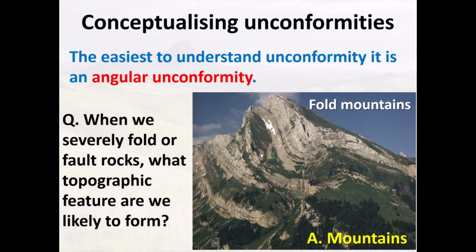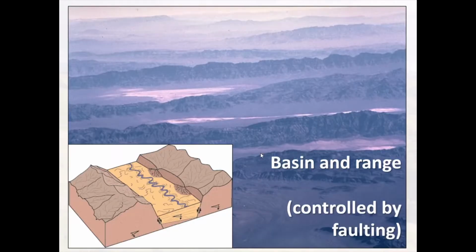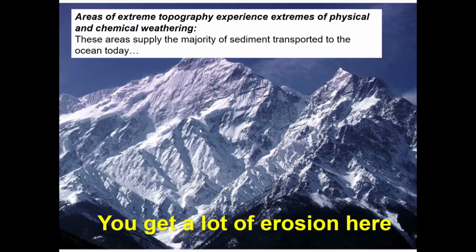If we were to have an area that was severely faulted, we might form basin and range type topography, where we have mountains separated out by basins. But however we do form one of our mountain ranges through these different tectonic processes, we end up with a mountain belt which is susceptible to extreme amounts of physical and chemical weathering.